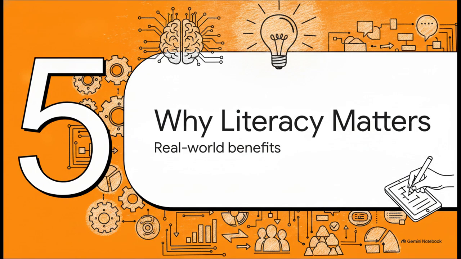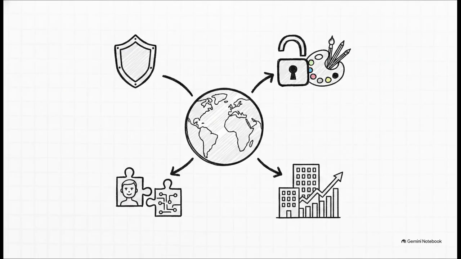And that brings us to our final section, Section 5, Why AI Literacy Matters. When we connect all these dense theories directly to the real world, the benefits are just massive. First off, it promotes ethical, responsible use, which prevents harmful biases and misuse. Second, it completely democratizes access to creative tools. Think about it.